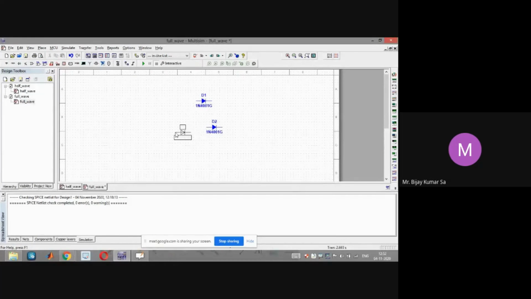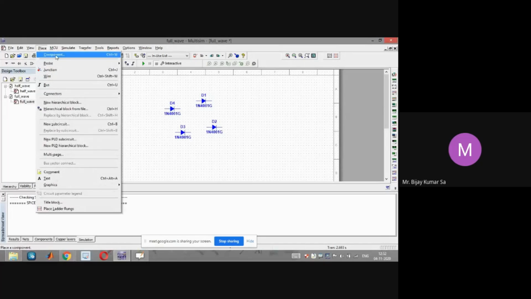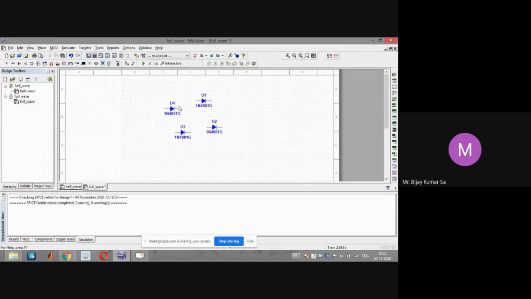Control V, another Control V. So I do not need to go again and again to place component and get the diodes from there. I will copy from somewhere and just make copies of it by Control C and Control V. That I can do in Multisim. So I'll arrange it so that they configure into a bridge type rectifier.